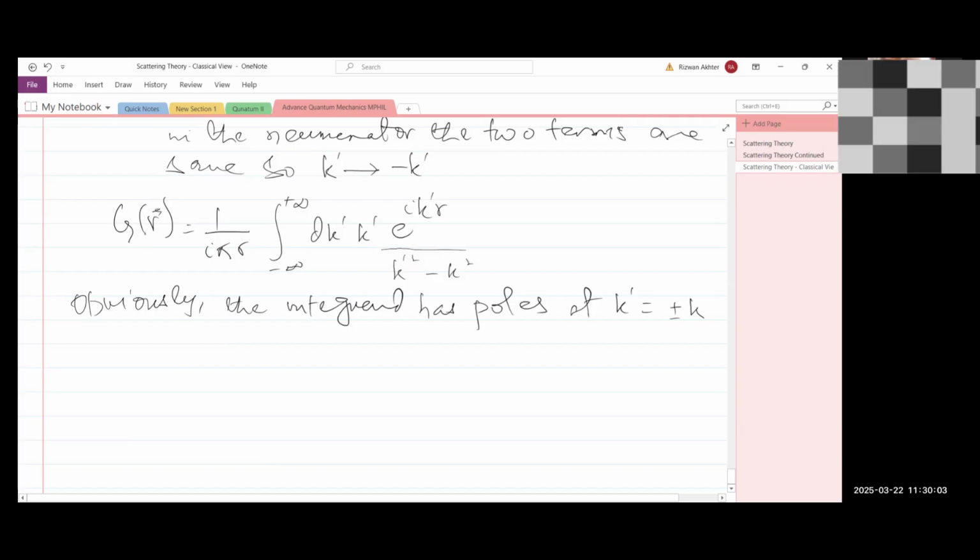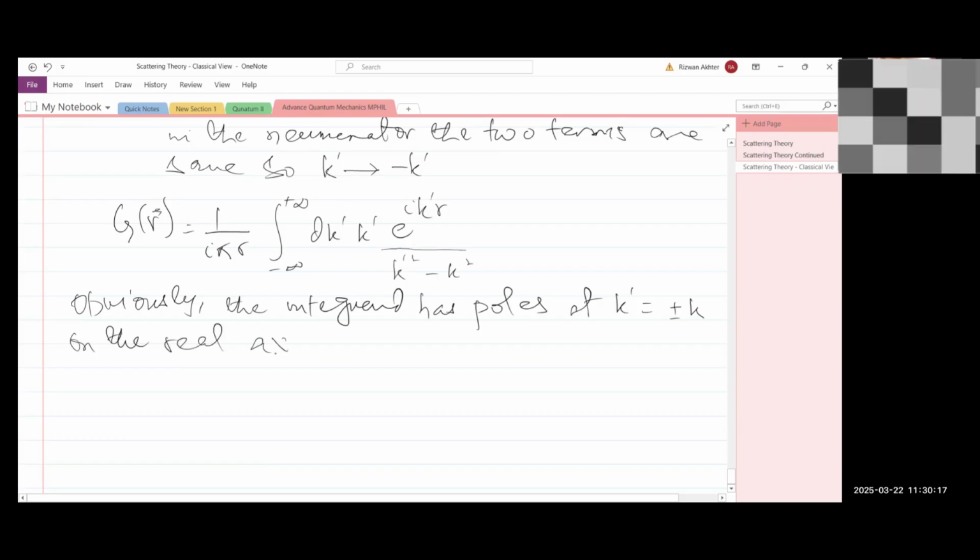Horizontal axis is the real axis. Vertical axis is the imaginary axis for complex integration. On the real axis. One thing, okay? So the integral is not really defined. So one could say that such an integral cannot be defined until we remove the poles.